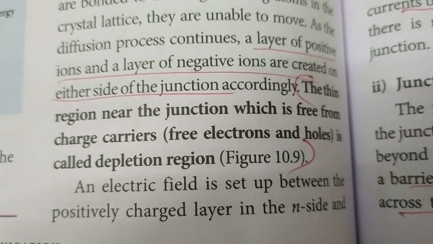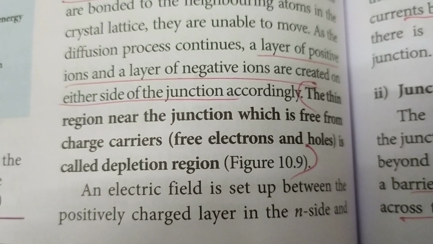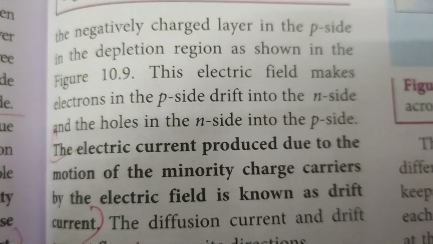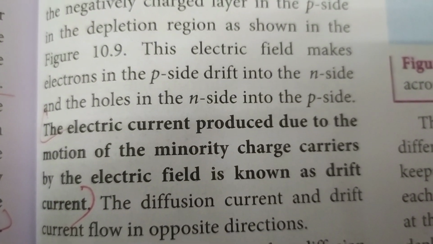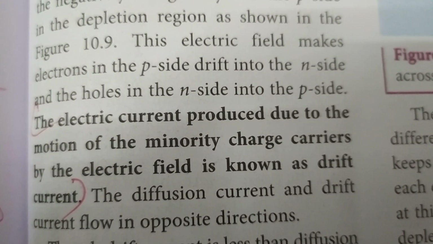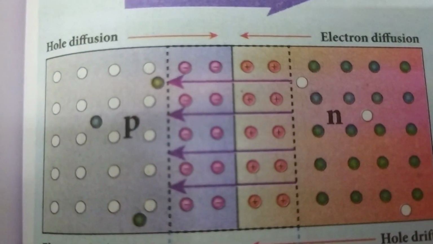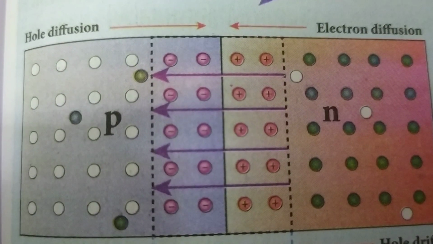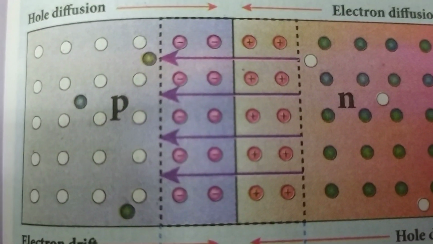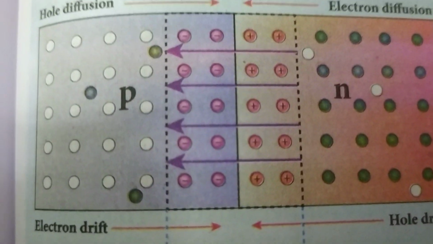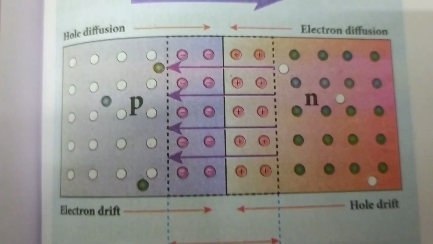An electric field is set up because of these positive and negative ions, and the electric current produced due to the motion of minority charge carriers by the electric field is known as drift current. The drift current and diffusion current are always opposite in nature.